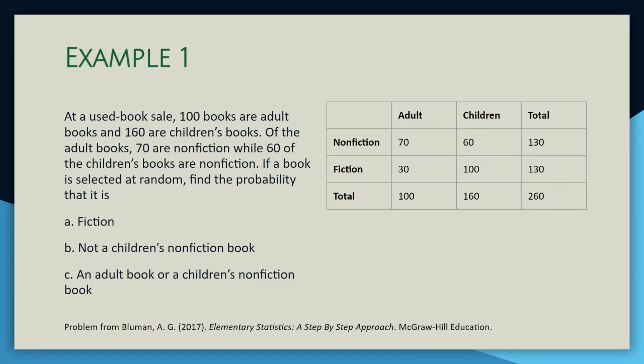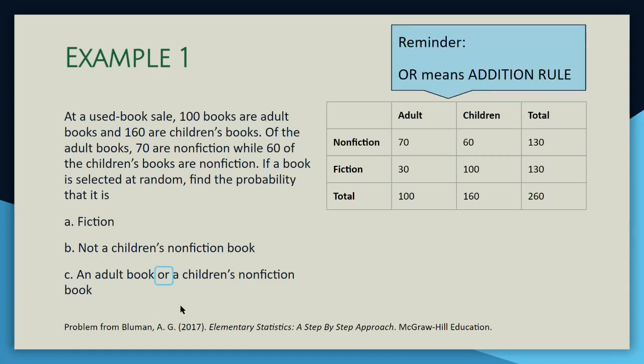Okay, part C. An adult book or a children's nonfiction. And we learned in a previous video, when we see that word or, that means add. So we're using our addition rule, and we know adult or children's nonfiction should be P adult plus P children's nonfiction minus the overlap.